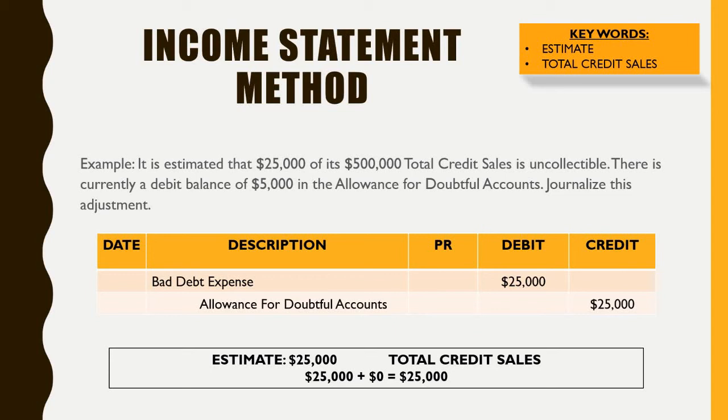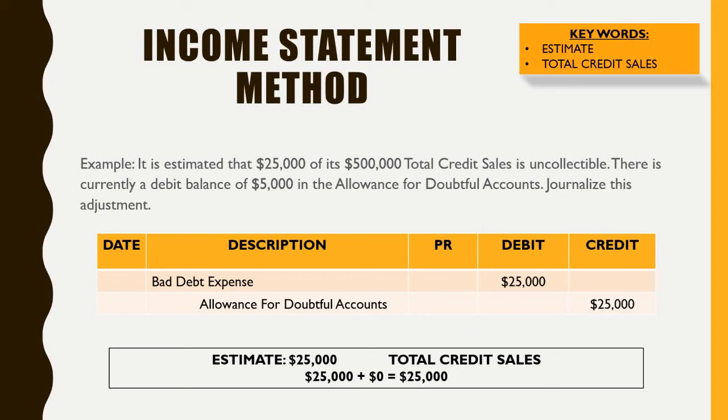Okay? Any questions here? On the math at the bottom, where it says 25,000 plus zero, where is that zero coming from again? So the zero, right? Because we recognize that when we're dealing with this method, the income statement method, there is nothing to add.